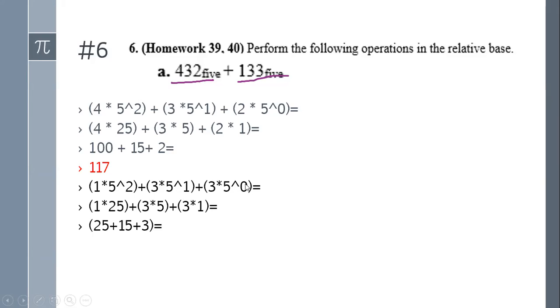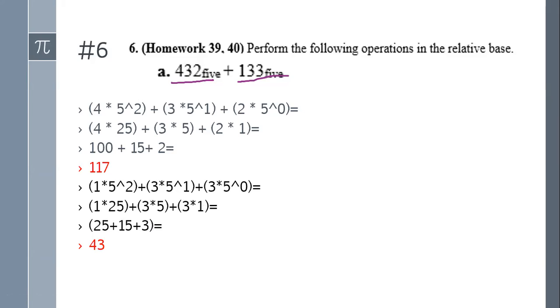And 5 to the power 0 is 1, always 1, no matter what number. It could be 5 million to the power of 0, still 1. All right, so we've got 1 times 25, 25. 3 times 5, 15. And then 3 times 1, 3. And that's going to give you a total of 43.